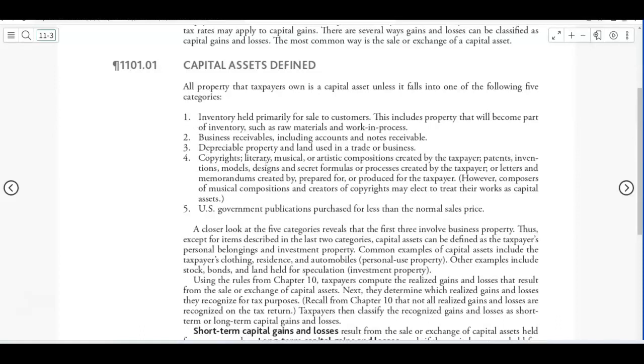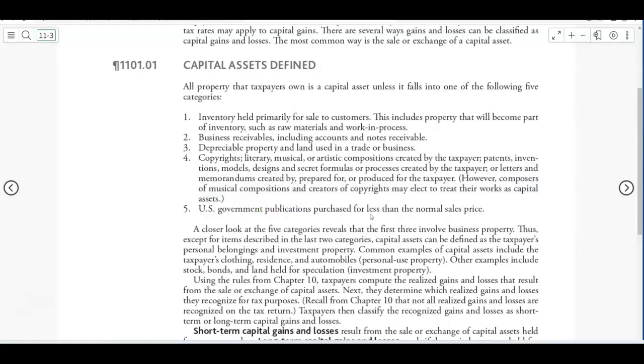Copyright and musical and those type of patent, inventions, models, designs, those are all not capital asset. However, here says composers of musical compositions and creators of copyrights may elect to treat their work as capital asset, but that's a separate thing.